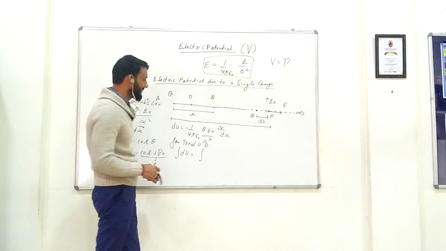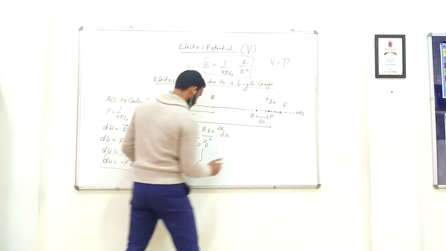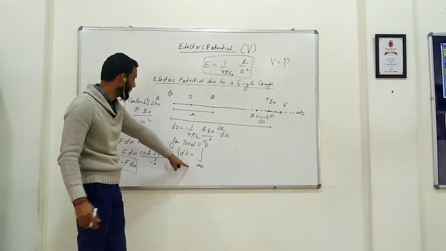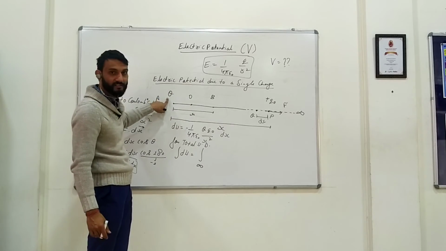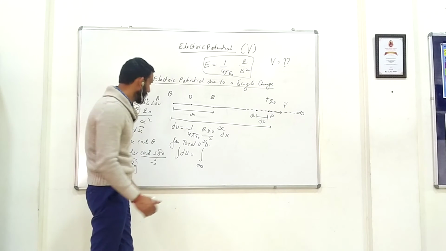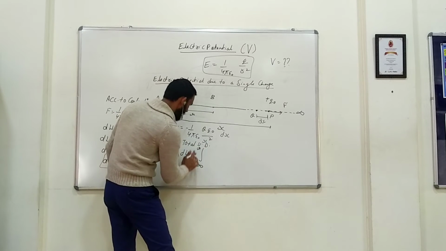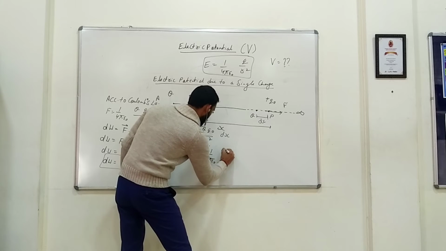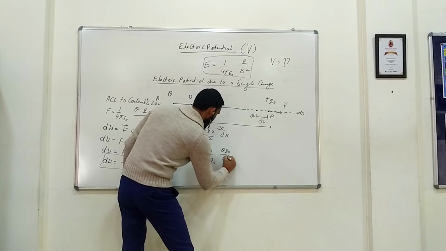Basically we started from infinity, and we have to bring this charge within the electric field of this charge, and the electric field of this charge starts from here. So that would be r. So infinity to r, minus 1 upon 4 pi epsilon naught, Q naught upon x square, and then we have dx.